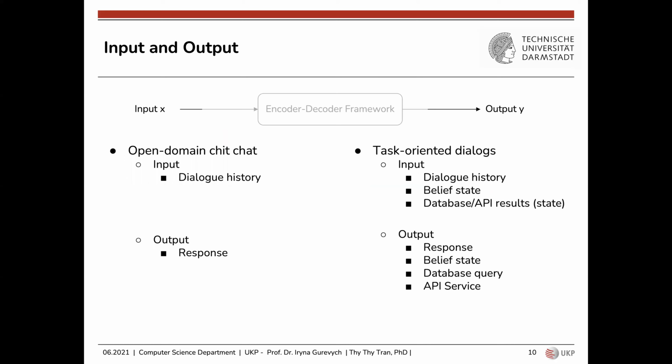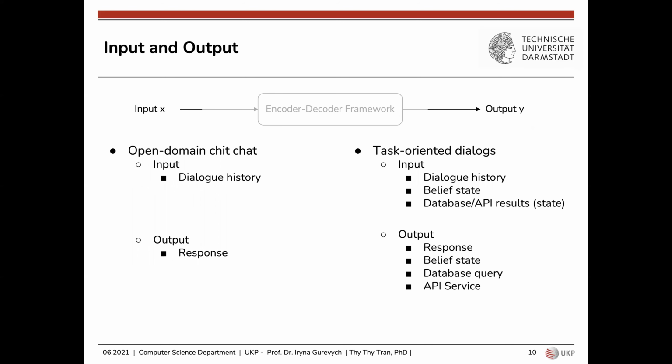So first, let's have a look at the input and output of the encoder-decoder framework. In open domain chit-chat, the input is simply the dialogue history, and the output is the response to the user.